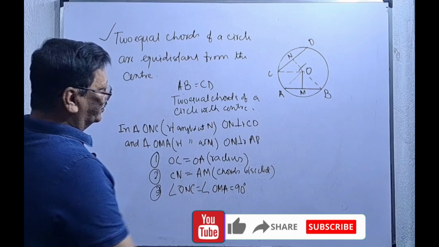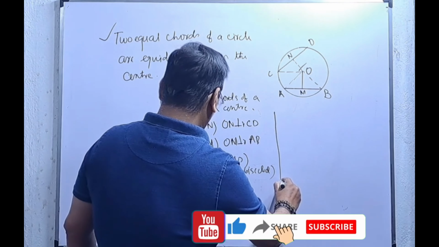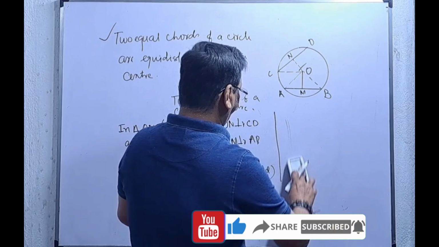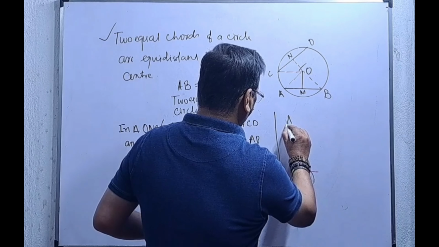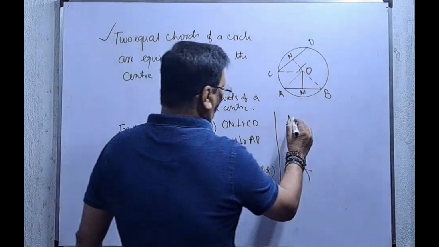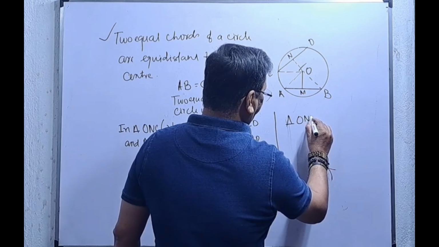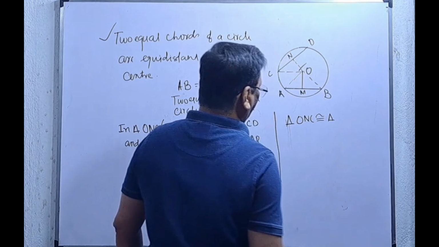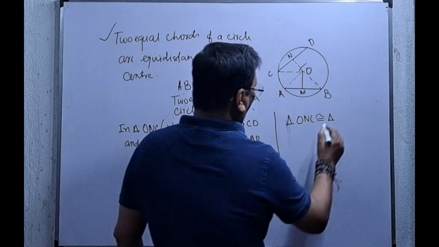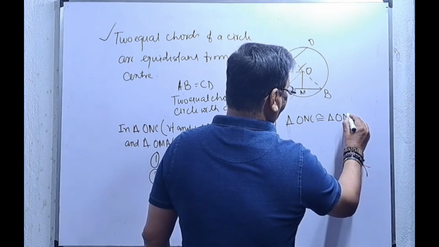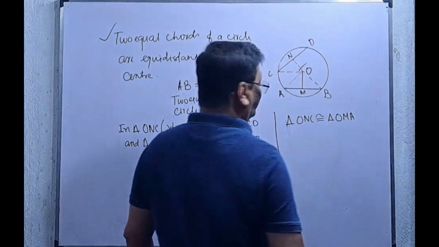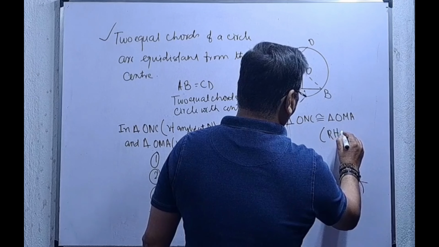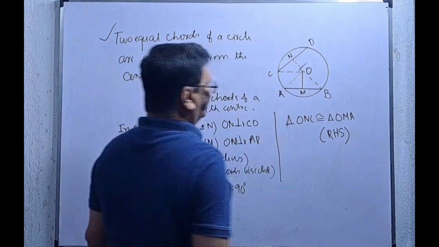So therefore, triangle ONC is congruent to triangle OMA, by the right angle hypotenuse side rule.